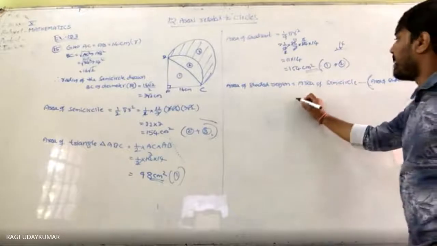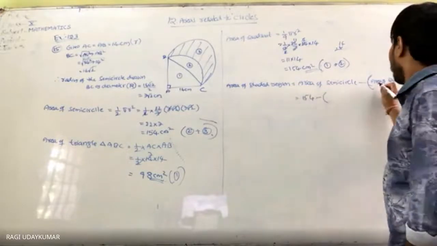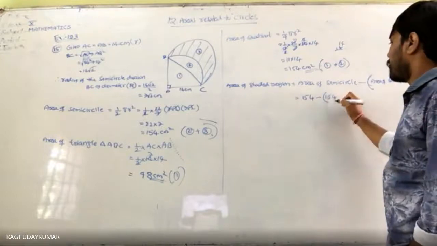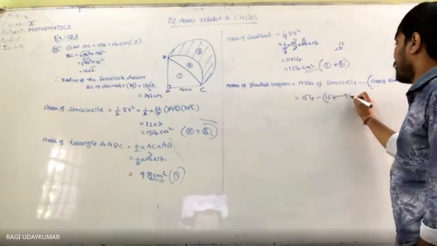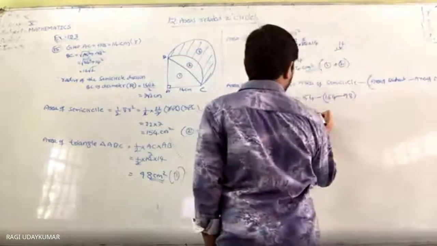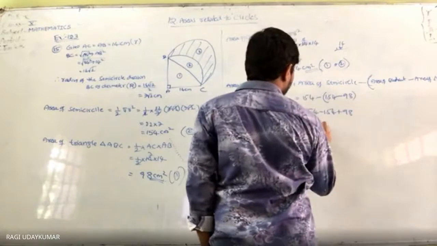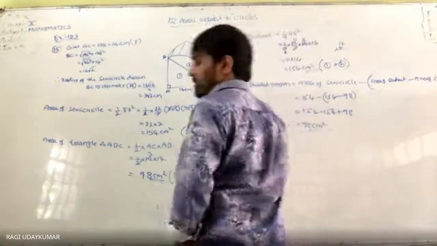Now what do we get? Area of the semicircle 154 minus area of the quadrant, which is 154 minus 98. So we get 154 minus 154 plus 98, which is equal to 98 centimeters square, the required area.